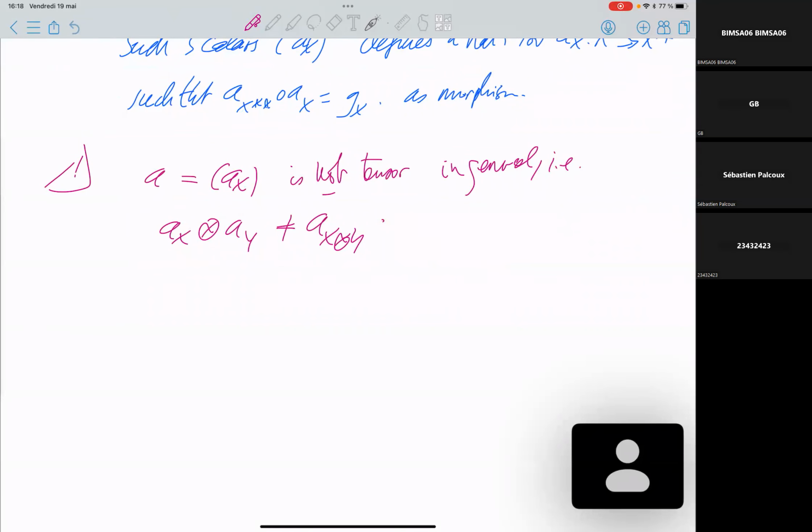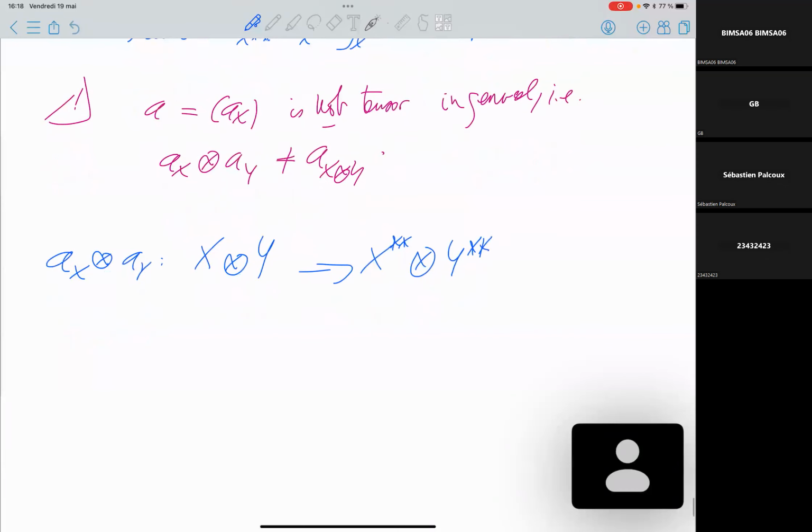Now, a_X tensor a_Y is a morphism from X tensor Y to X double star tensor Y double star.